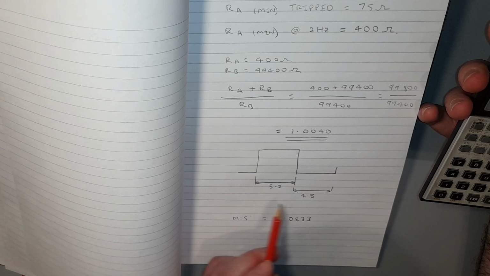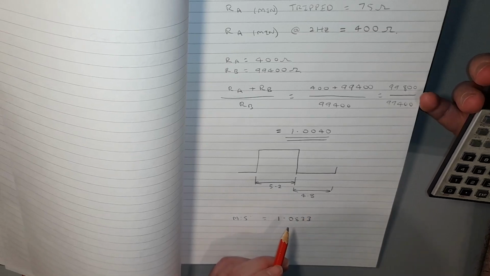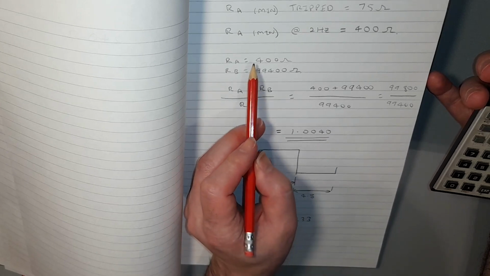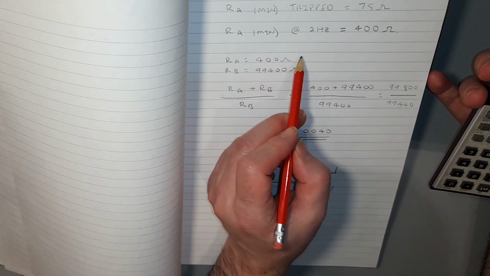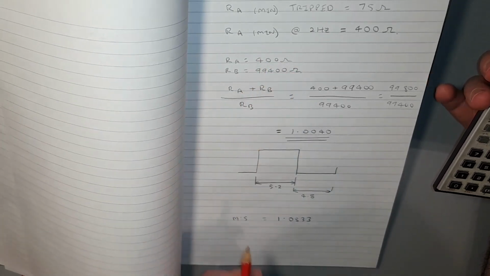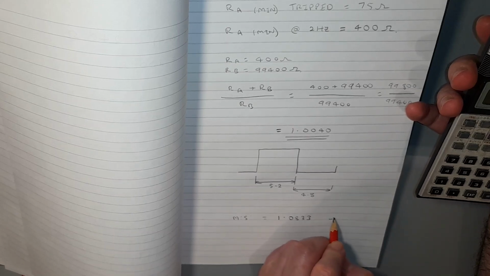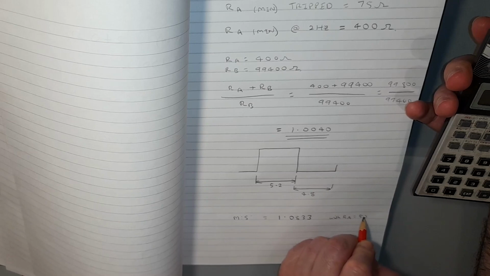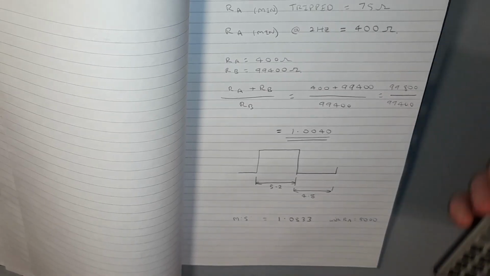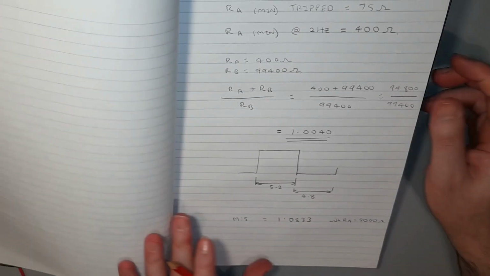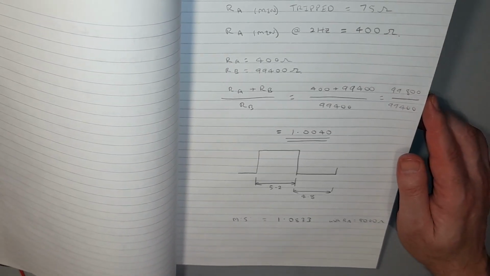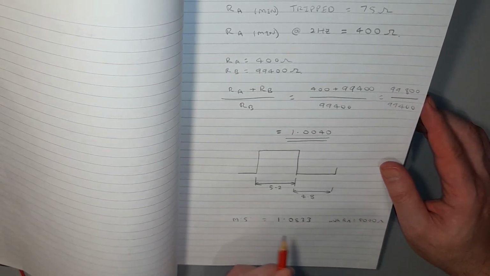So this is with this resistor here at 5 kiloohms. This is with RA equal to 5,000 ohms. Okay, so what have we learned?